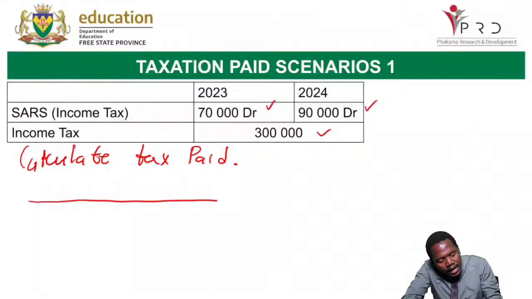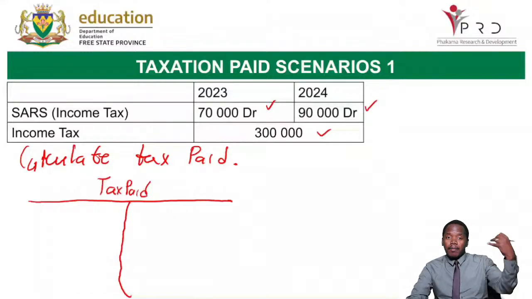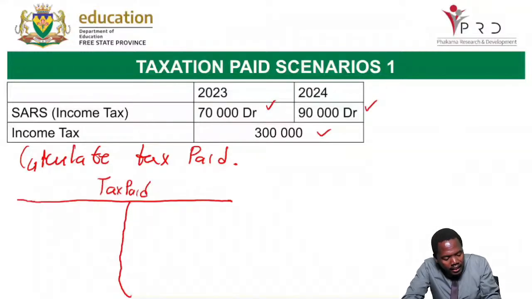If we use a T account, it becomes easy. How is my T account going to look? This is my tax paid T account. What do I have on my left-hand side? Left-hand side is my debit side.